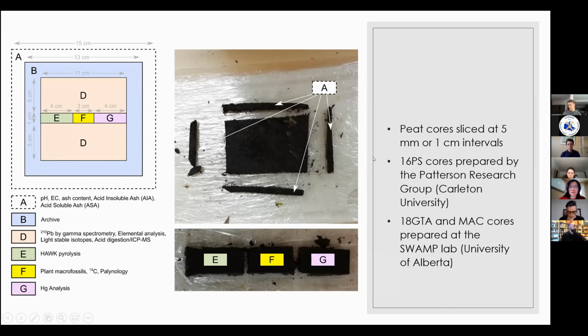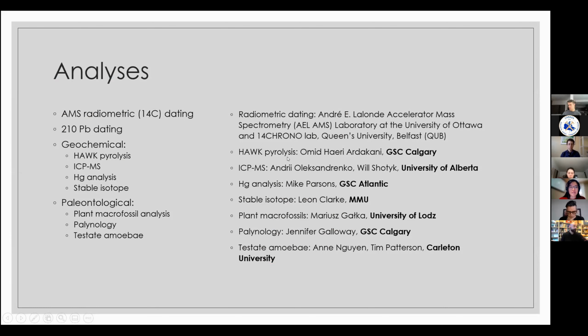To summarize all the analyses, there is this slide, which is quite text heavy. But in general, we were sending samples for Hawk to GSC Calgary. ICPMS was at the University of Alberta. Mercury analysis will be going to GSC Atlantic. Stable isotopes at Manchester Metropolitan University.